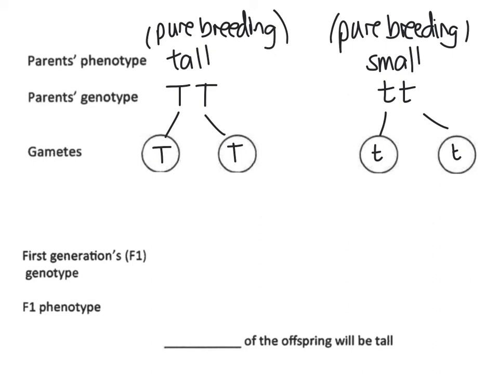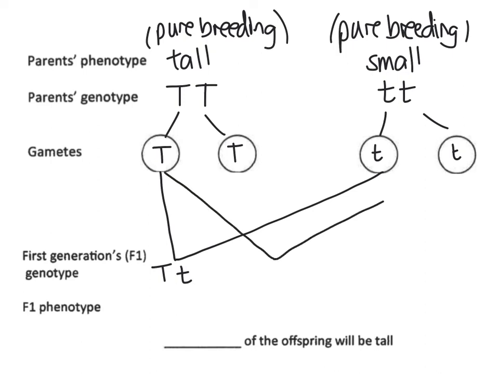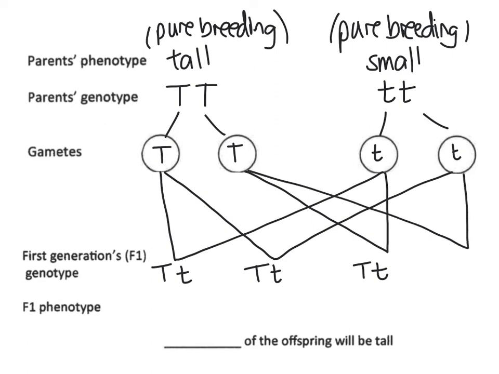First generation's genotype. So again, we're going to work out our 4 possible combinations here. So that would be big T, little t, big T, little t, big T, little t, and big T, little t.